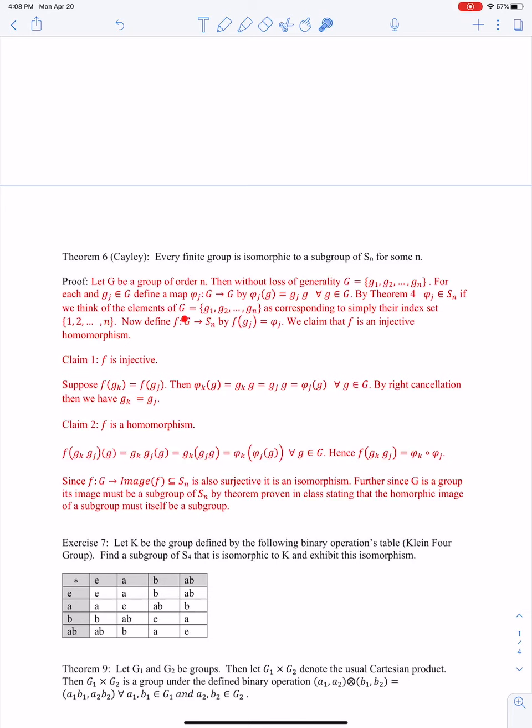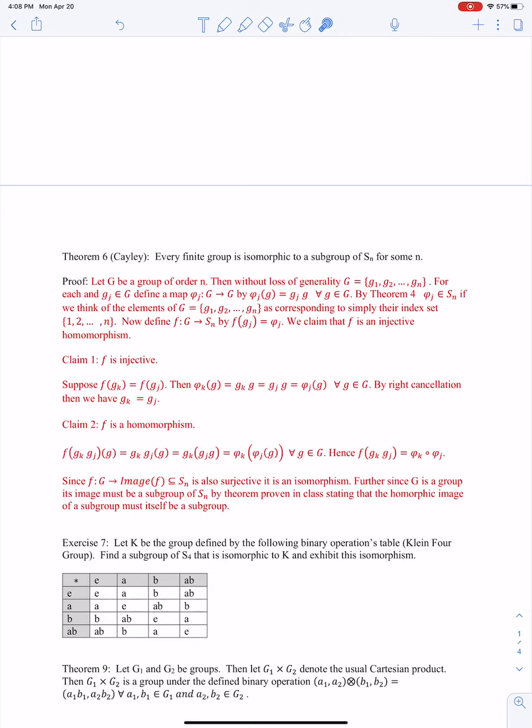So there's my map that goes from my group G into S_n, the set of all permutations on n things. Now, what am I going to claim? I claim that F is injective, and I also claim it's a homomorphism. So let's prove the first one, that F is injective.